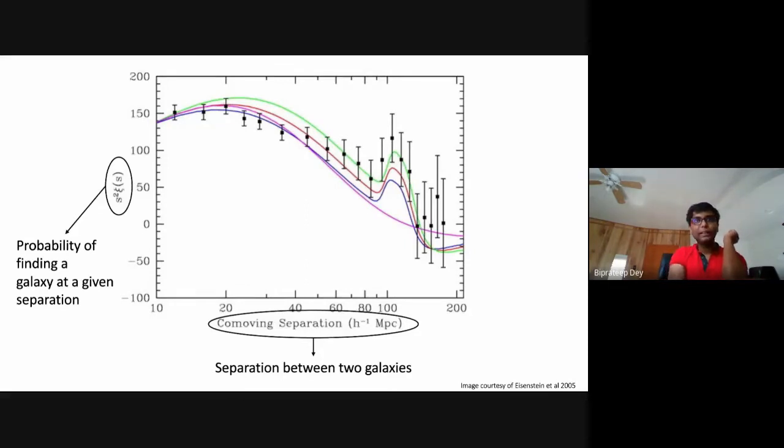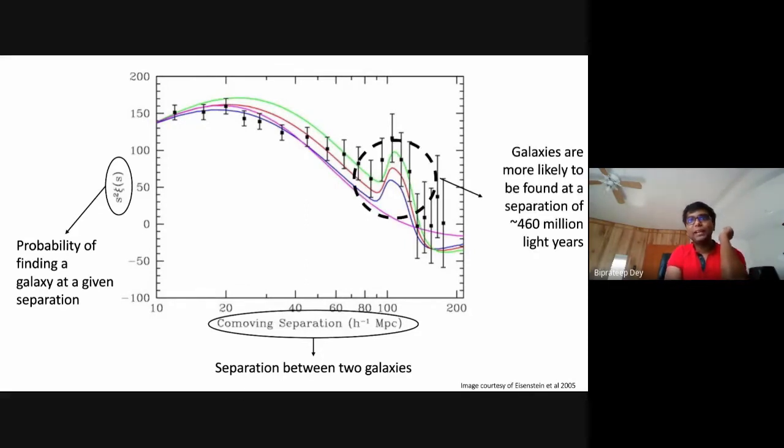But what we see is this tiny bump, that galaxies are more likely to be found at a separation which corresponds to roughly 460 million light years. And this shows that these opposing forces of gravity and pressure due to electromagnetic forces played a role in the formation of structure in the universe.